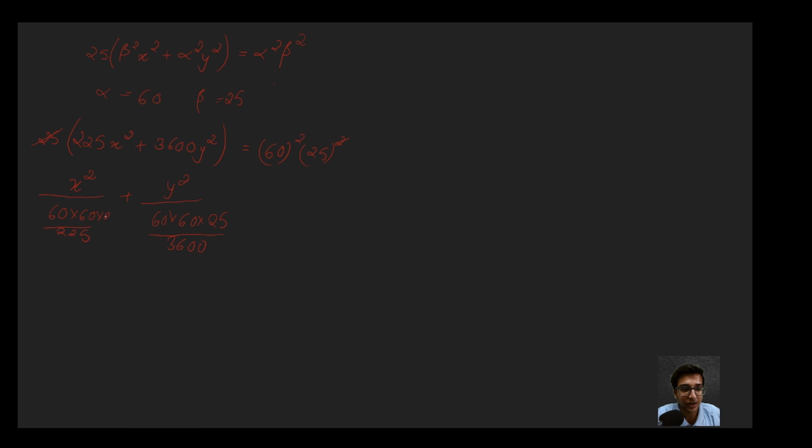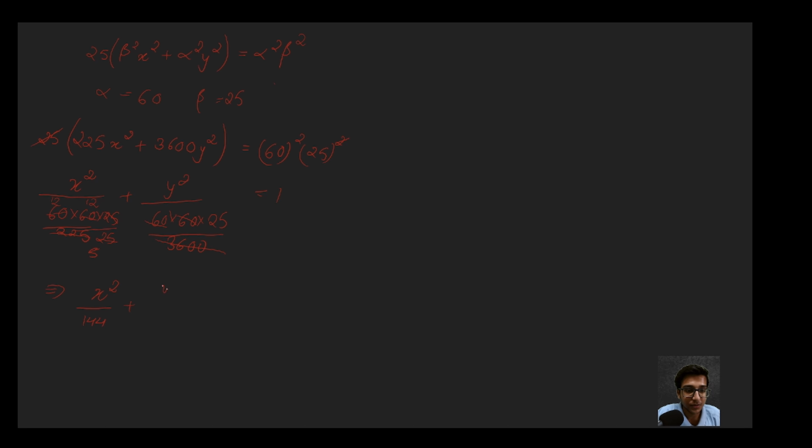Here there will be a 25 as well, so from here we can cancel out. So B square is 25, and 5 12s are 60. So what do we get as our equation of ellipse? Our equation of ellipse is x square by 144 plus y square by 25 is equal to 1.